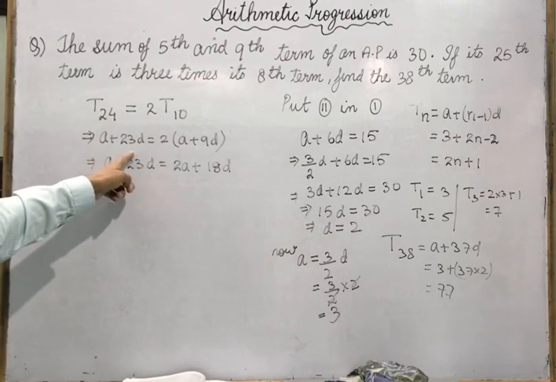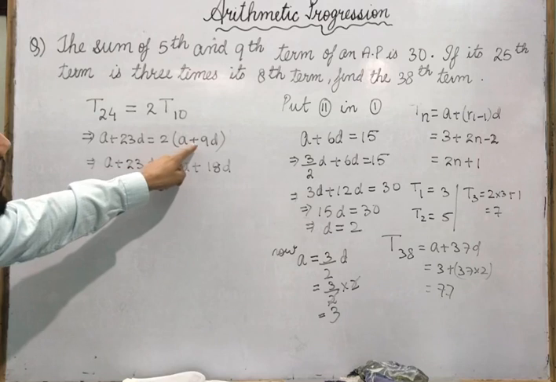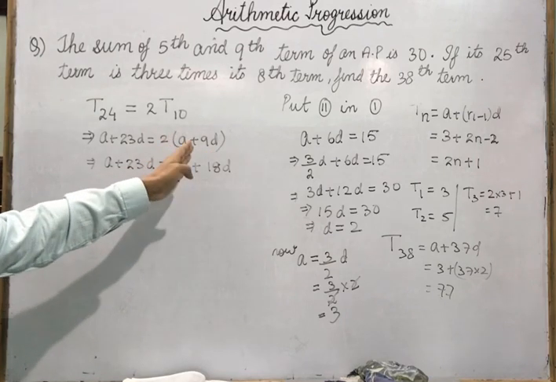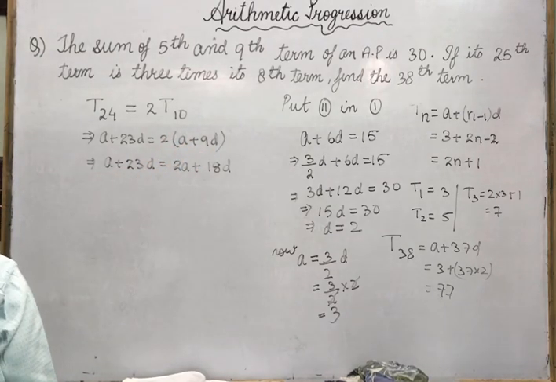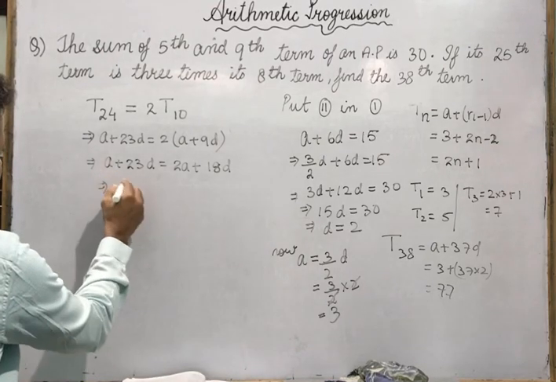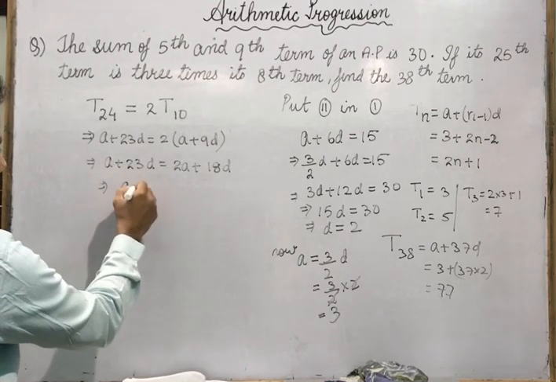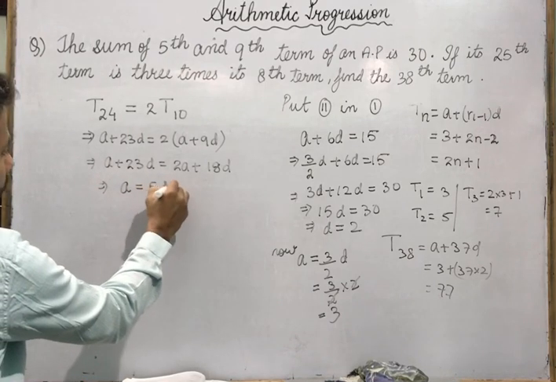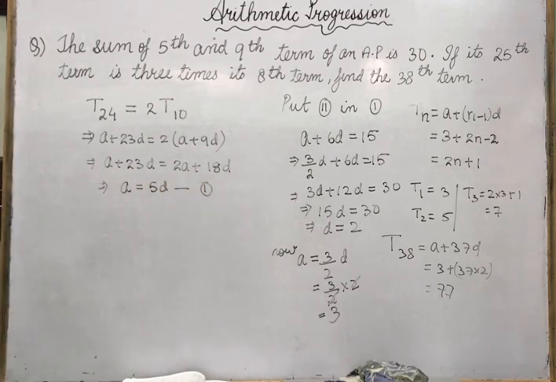So A plus 23D equals 2 bracket A plus 9D, that is 2A plus 18D. So A plus 23D equals 2A plus 18D. That is, A equals 5D. Do you get the first equation, A equals 5D?